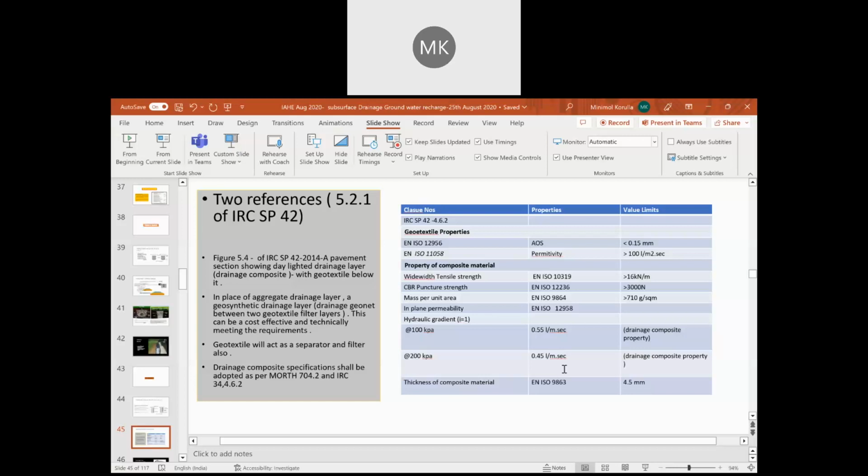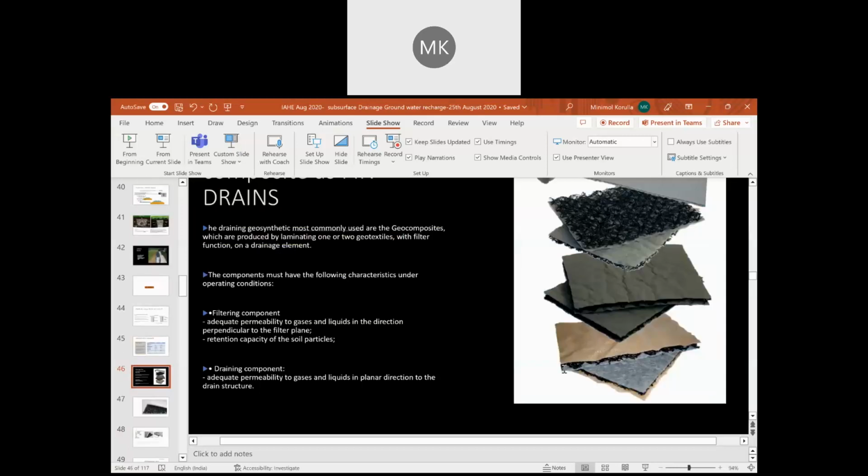If it is a uniformly graded sand, d1 and d2 will be the same, equal to D. But if it is well graded, where non-uniformity is there, d1 and d2 will be a little different, so we need to use the mean size. Let us take the average size as D. So 8 by D raised to 0.92 should be the thickness of the blanket.